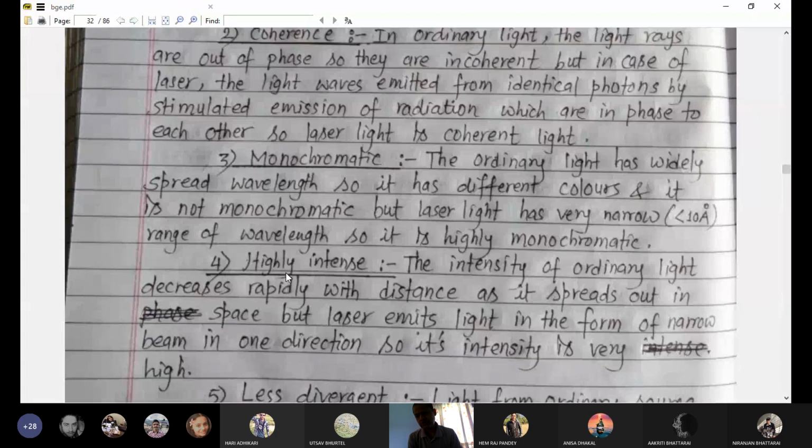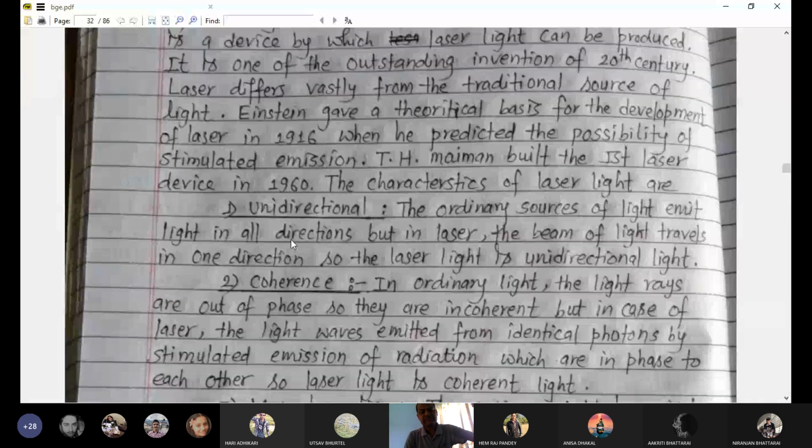Unidirectional, and coherence. So these are some characteristics, or properties, of laser light. So what is the unidirectional property of laser? The ordinary sources of light emit light in all directions.